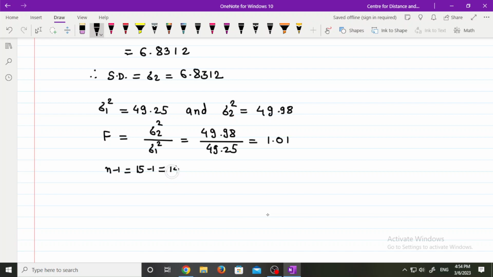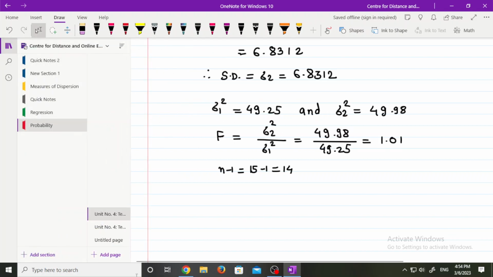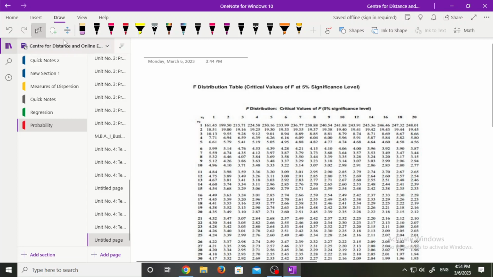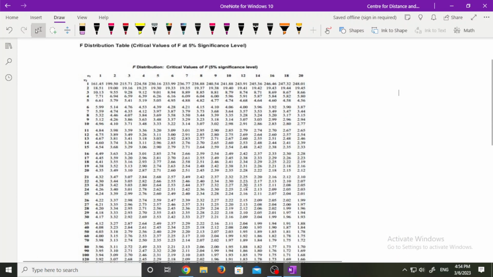That is 14 degrees of freedom at the numerator and 14 degrees of freedom at the denominator. This is our F distribution table. We find 14 degrees of freedom at the numerator and 14 degrees of freedom at the denominator.